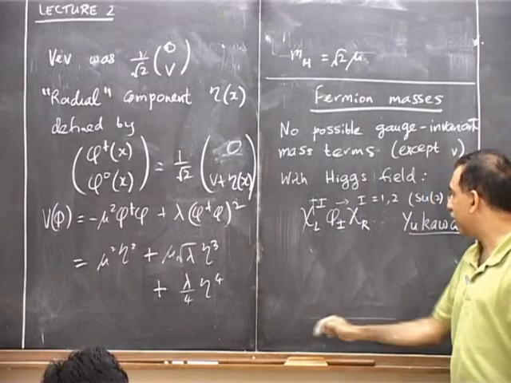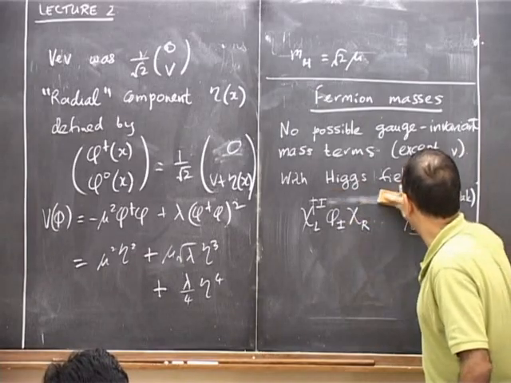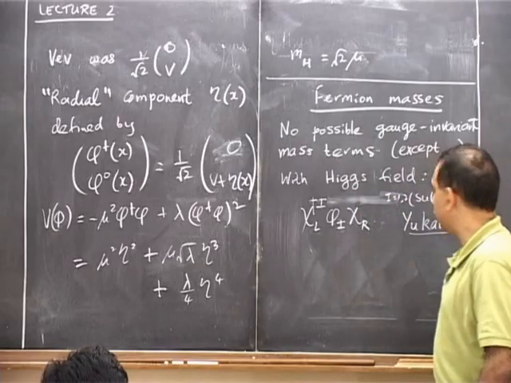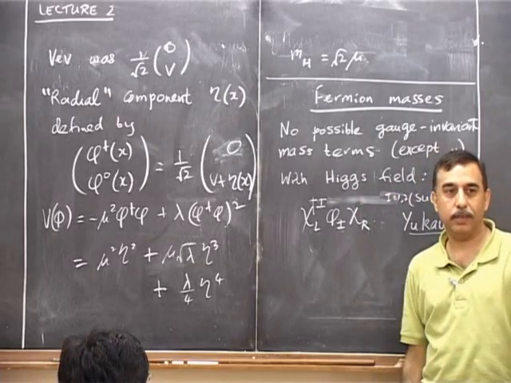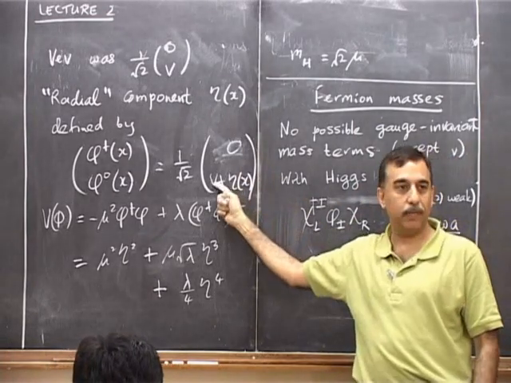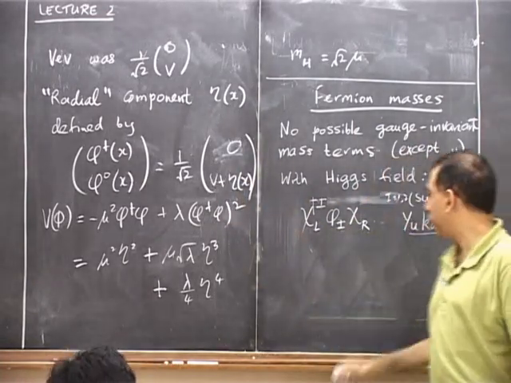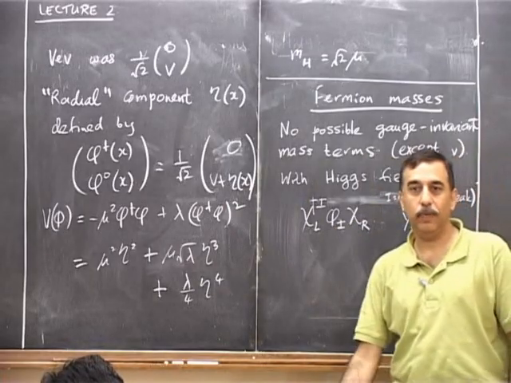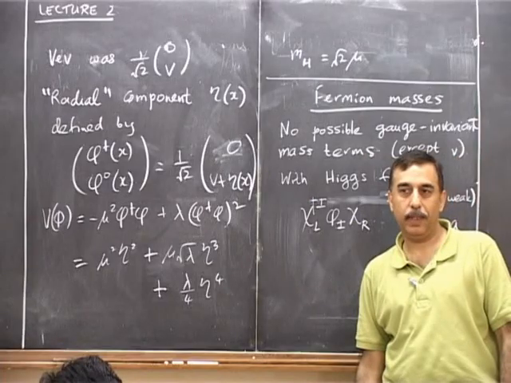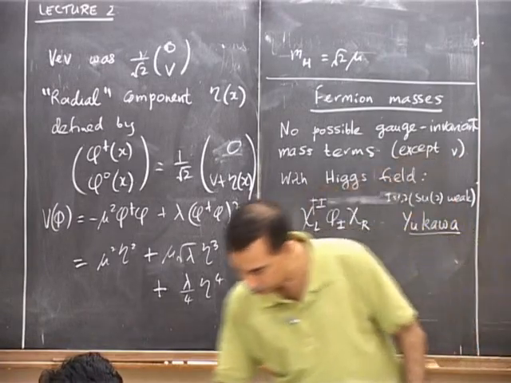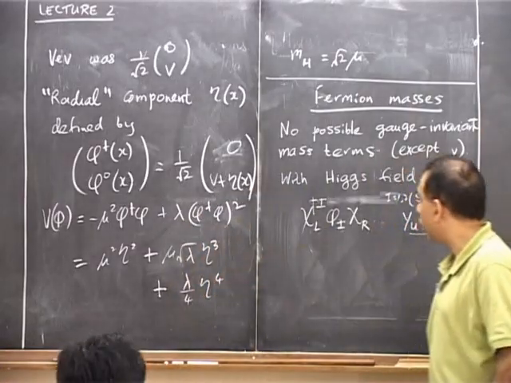Now you can see immediately why this leads to a mass term, because phi is going to be evaluated to be 0, V plus some fluctuations, and that piece will be V times chi-dagger chi, and hopefully that will be a mass term. So that's the strategy. Now let's do it. There's one more constraint.